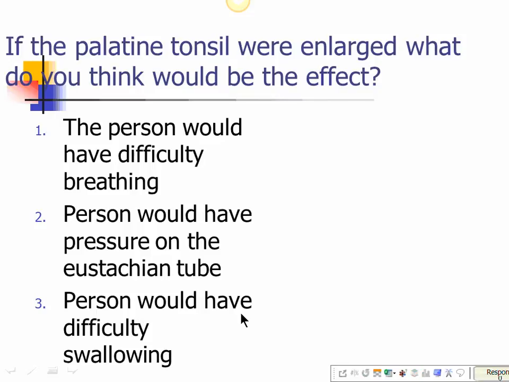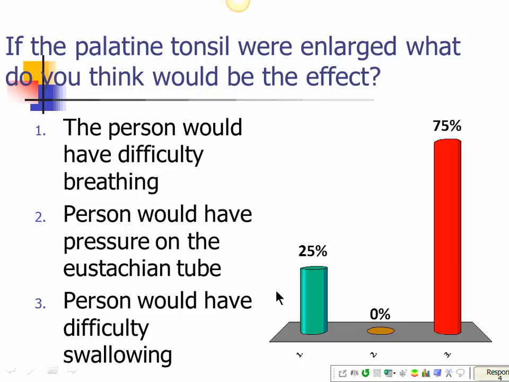Now, if the palatine tonsil was enlarged, what do you think would be the effect? So think here, where is it present? What would be the problem? The person would have difficulty swallowing.